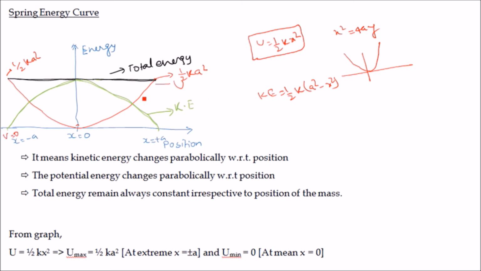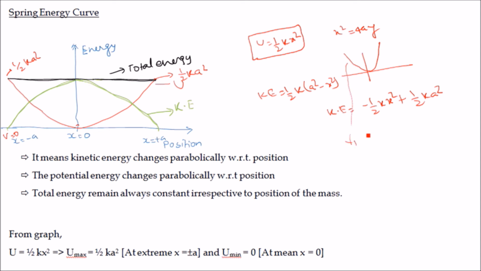So how do we get this curve? From the graph approach, we can also get that the kinetic energy may be written as minus 1 by 2 k x square plus 1 by 2 k A square. As we have already learned, the graph of x square is equal to 4ay.